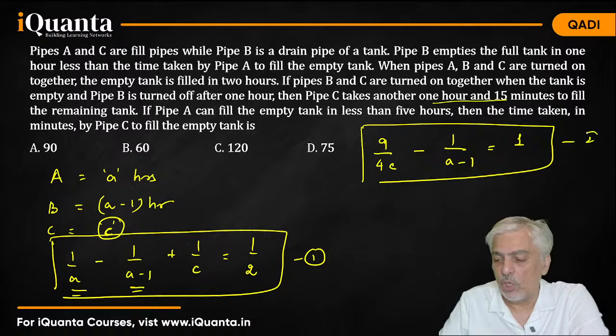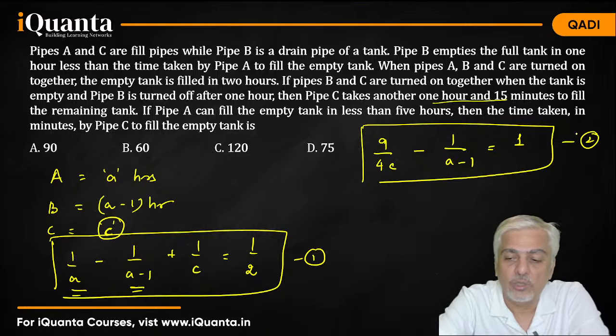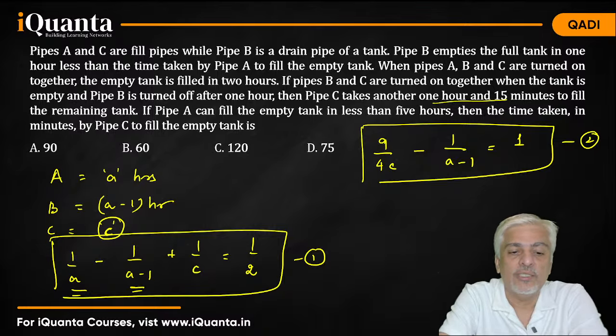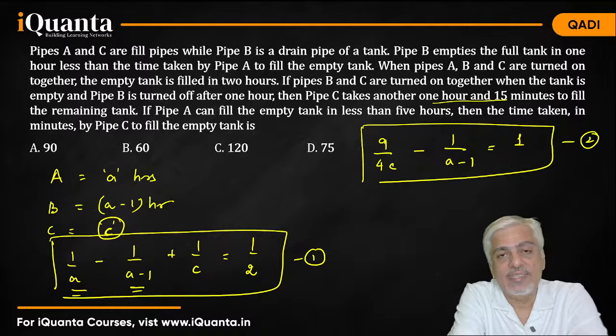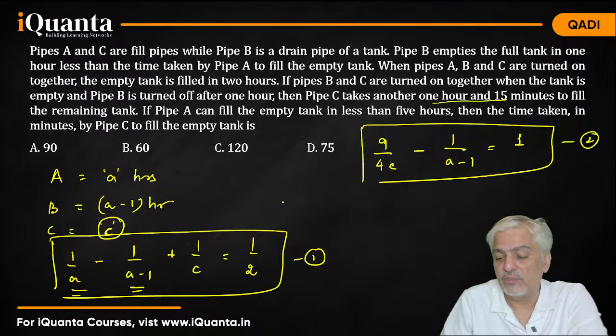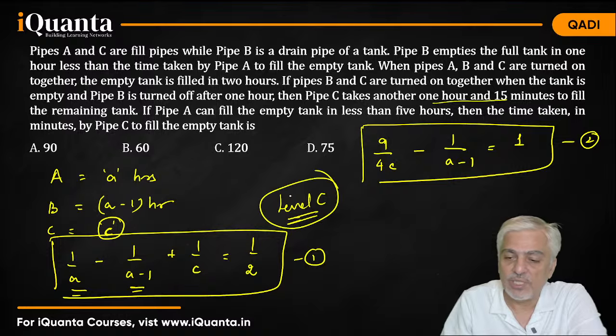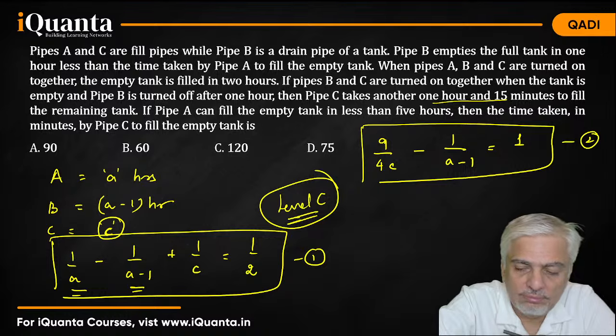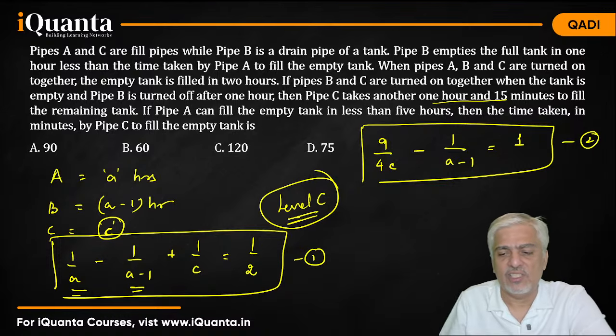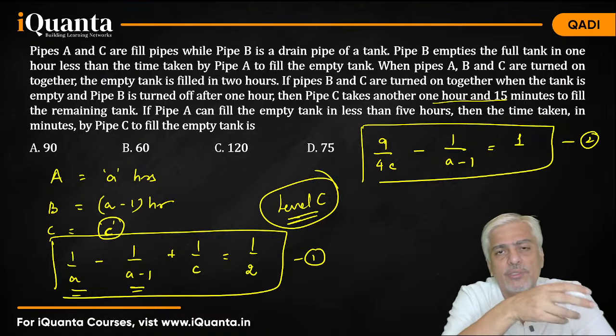But this is a long way of solving, and the shortcut could have been the way I explained to you earlier. Sometimes, very rarely, time and work will have a difficult question. This is one of those difficult questions. I would put this as a level C question in an exam situation. Very frankly, this is what practice is about.